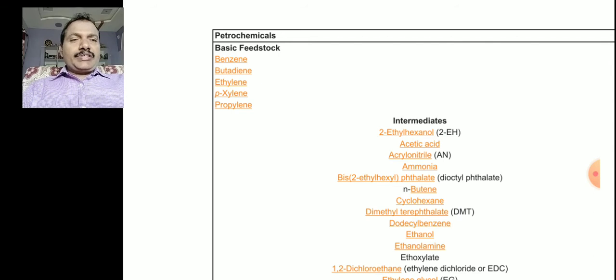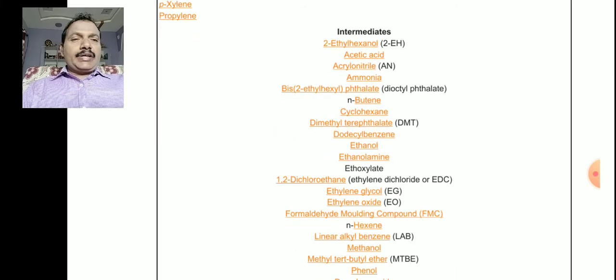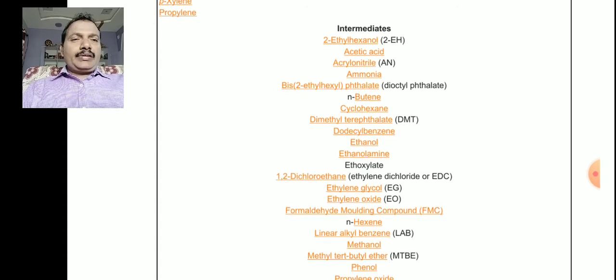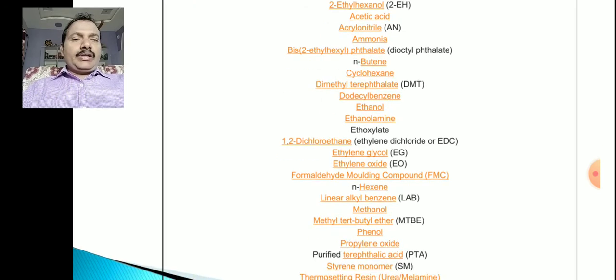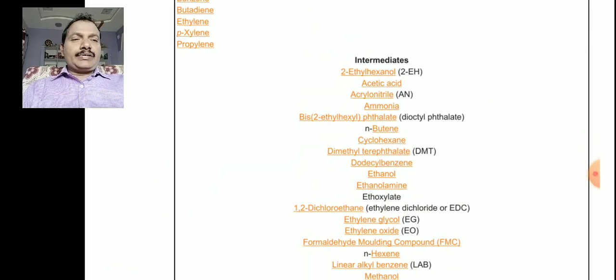And we have the intermediates, that is ethyl hexanol, acetic acid, acrylonitrile, n-butane, cyclohexane, dimethyl terephthalate, benzene, ethanol, ethanolamine, and ethoxylate. These are all the intermediates we have.